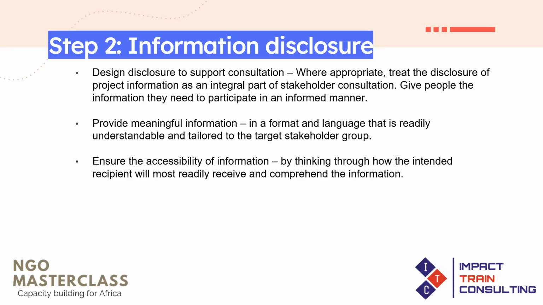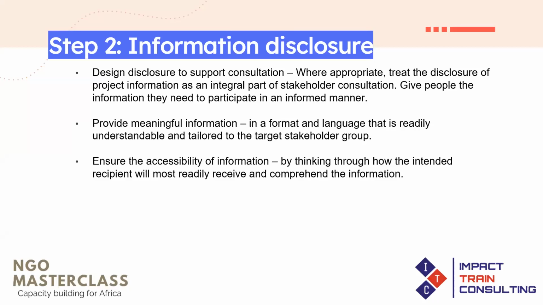The next thing that you need to consider when disclosing information about your project to stakeholders is that you need to ensure the accessibility of the information. So here, think about how these people will receive and comprehend this information. What would be the best method of sharing this information?